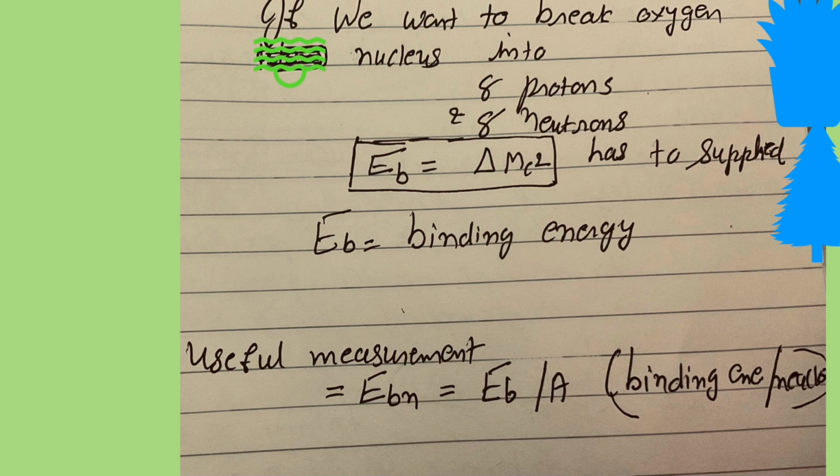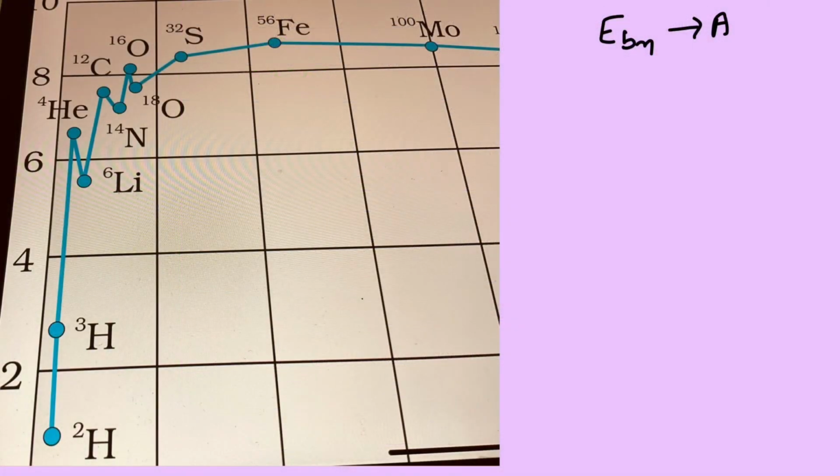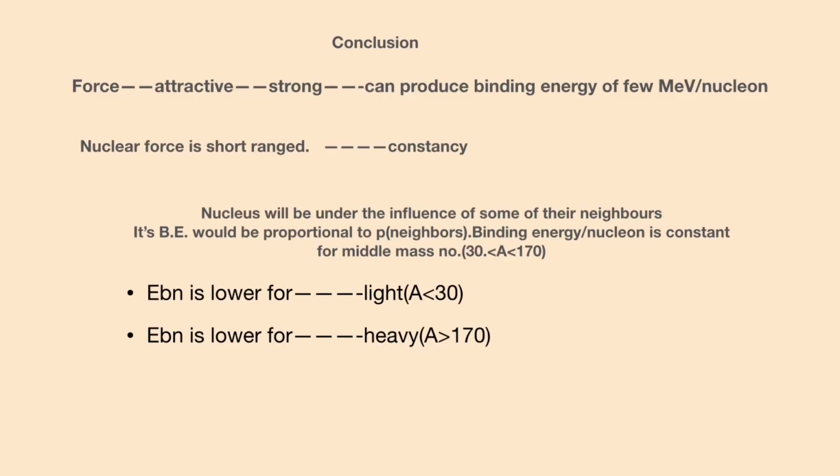If we plot a graph of EBN versus A, we find that binding energy is constant for middle mass numbers. And one more thing, nuclear force is short range. So from that we conclude that the force is attractive and strong and can produce binding energy of a few mega electron volts per nucleon. And second, nuclear force is short range.